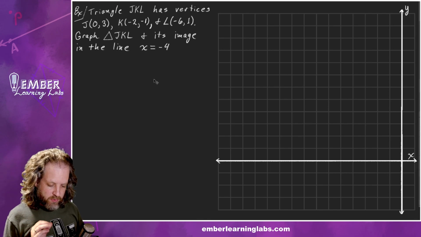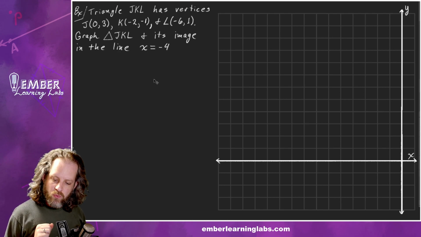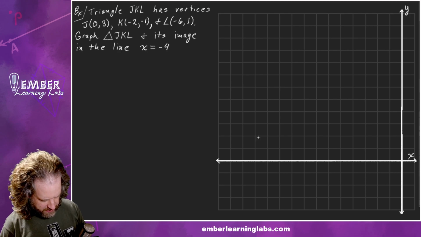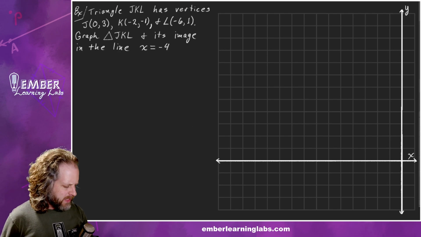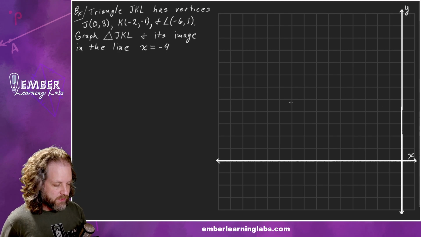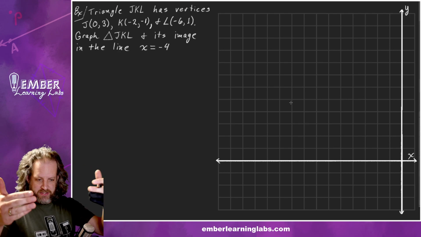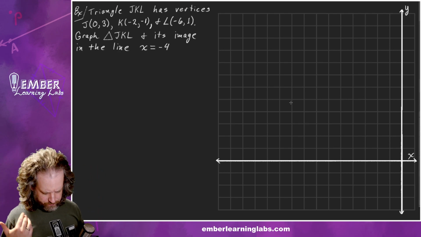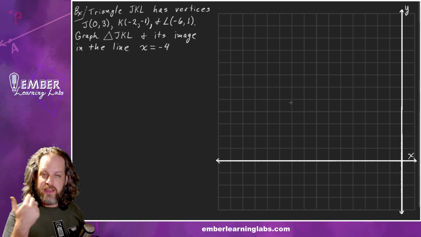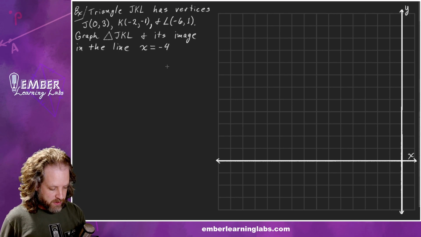So in middle school, if you did this topic, then likely what you did was just reflect stuff over the y-axis or the x-axis, right? But what we're adding is reflecting the figure over a different line. And so we're going to reflect it over this line.